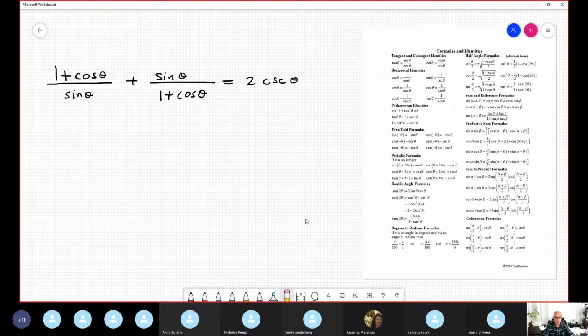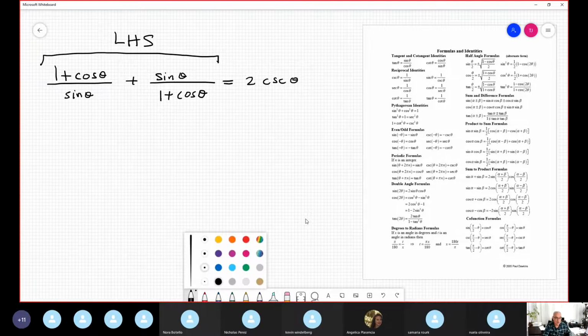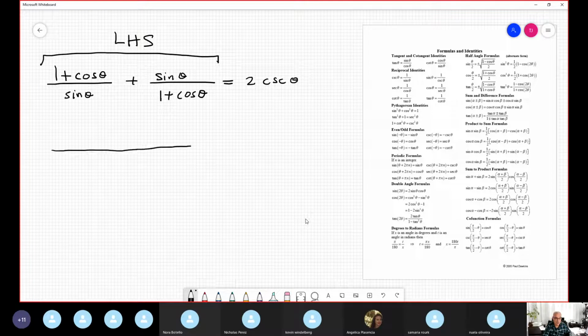Well, in this case, it's obvious that we take the left-hand side. Why? Because you have more degrees of freedom for manipulation, no? We have more possibilities to manipulate. Entonces, es clásica la idea. When you have two fractions separately, you condense them into only one common denominator.